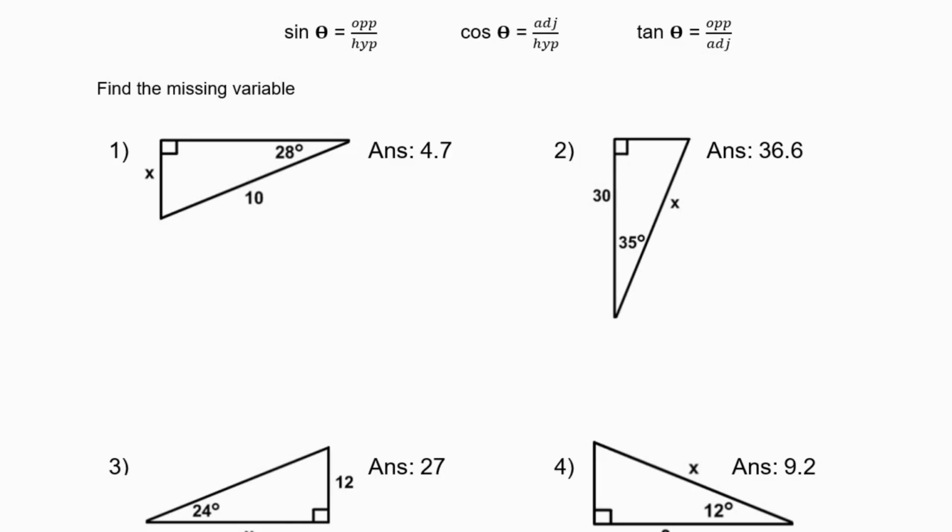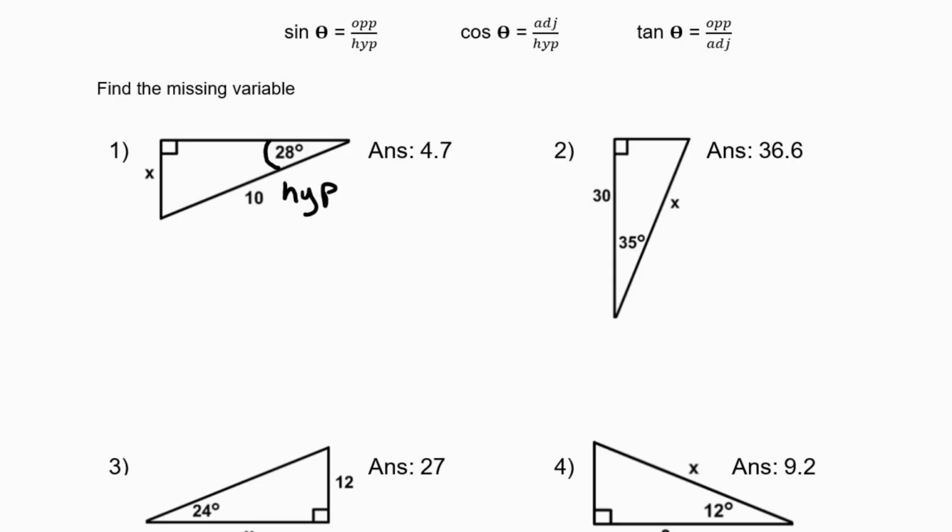All right, so looking at this, let's identify, what does the 10 represent here? Does this represent the adjacent, opposite, or hypotenuse? Hopefully you're saying to yourself that this is the hypotenuse, the longest part of the triangle. And considering that this is our reference angle, what does the x represent?